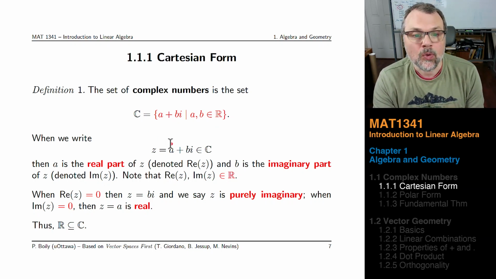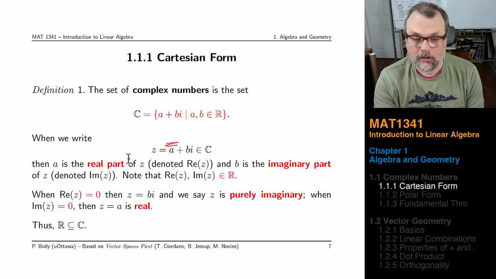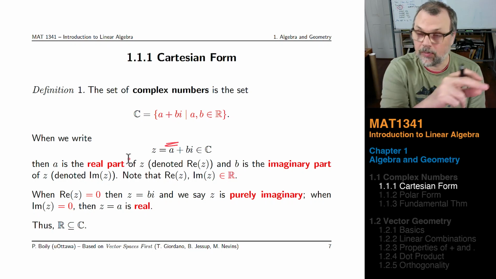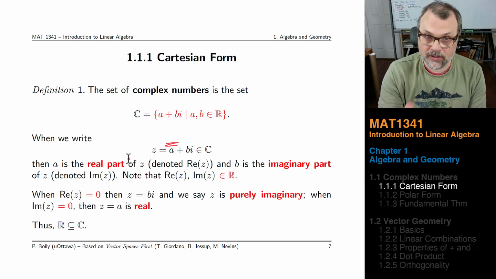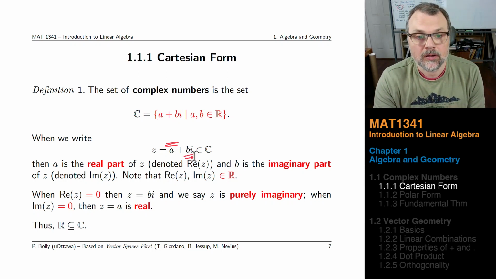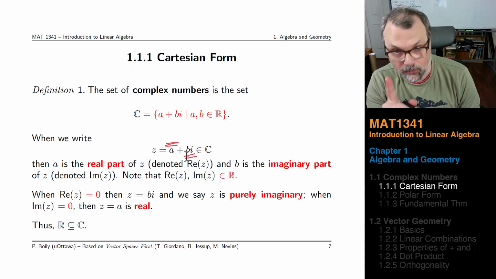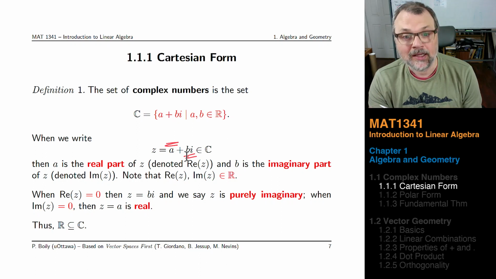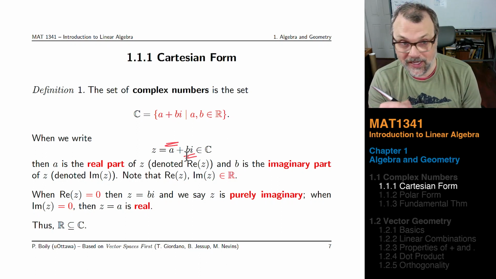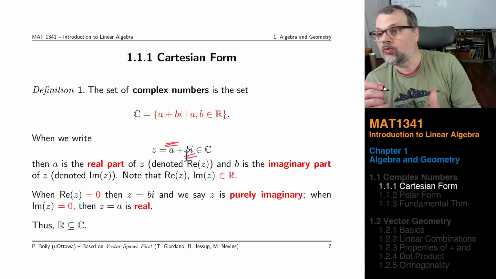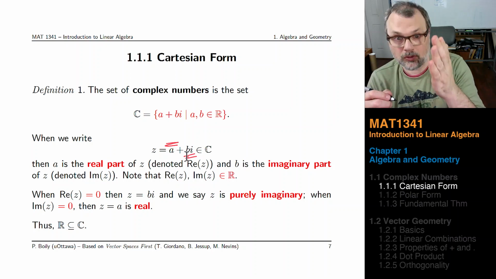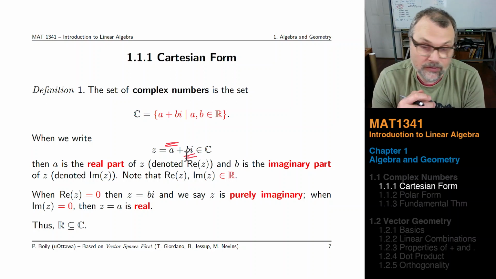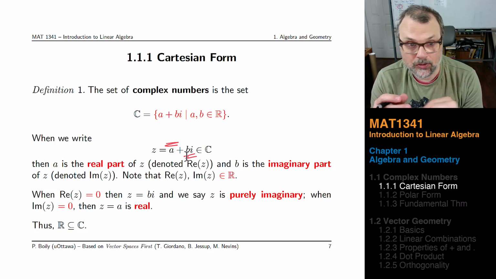The a, we have a name for it, it's the real part of z. We'll see later that this corresponds to the horizontal coordinates. The b, not bi, the b, the coefficient in front of the i, that's the imaginary part of z, and that is going to represent the vertical coordinate of a two-dimensional point.